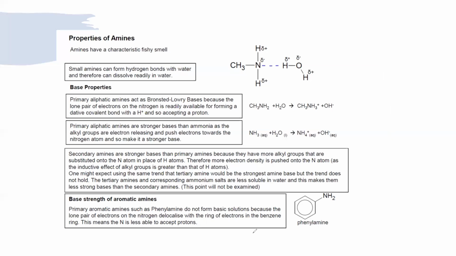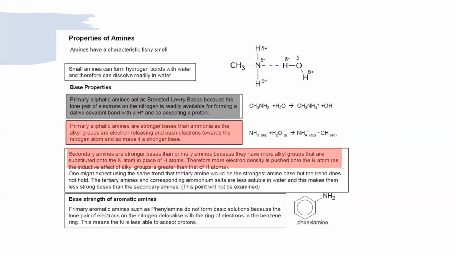Is it clear? Yeah. So they ask these reasons. You have to give a reason why aliphatic amines act like a base, then why aliphatic amines are stronger bases than ammonia, and then why secondary amines are stronger bases than primary amines.